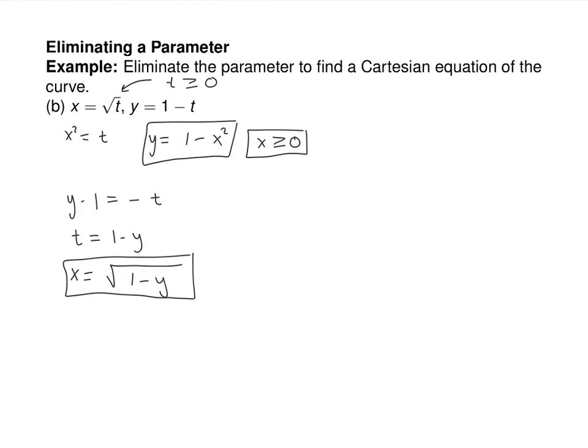And you could solve this expression for y and show yourself that it's the same thing. X squared equals 1 minus y. X squared minus 1 equals negative y, and y would equal 1 minus x squared. So it's the same thing. Just watch out for restrictions that are implied because you have restrictions on your parameter t.